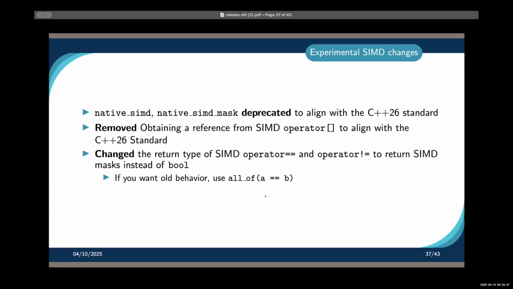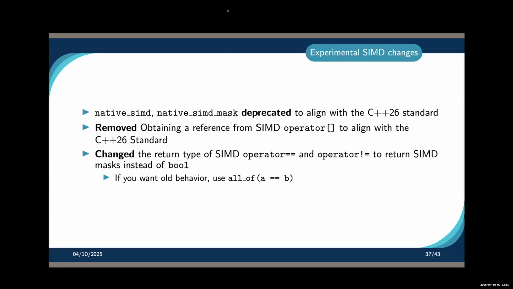Okay, so if you're using the experimental SIMD support that we have in Kokkos, there are a few changes to further align with SIMD in the upcoming C++26 standard. We've deprecated native SIMD mask, because those were removed in the standard.